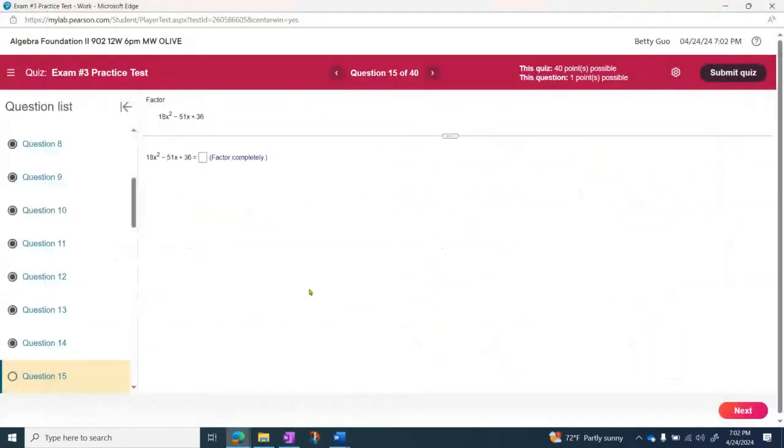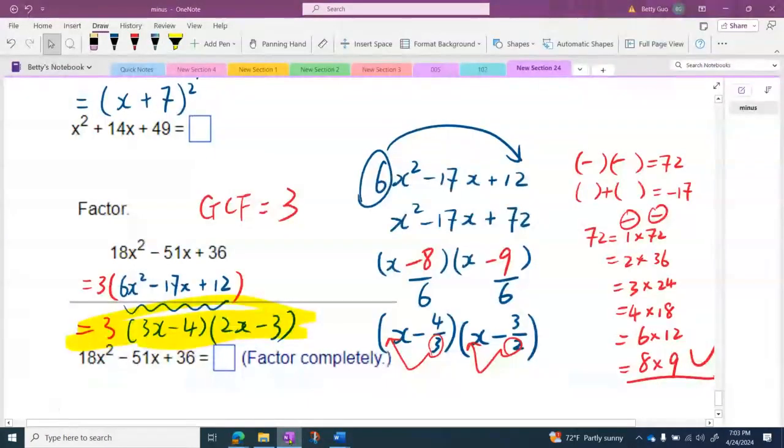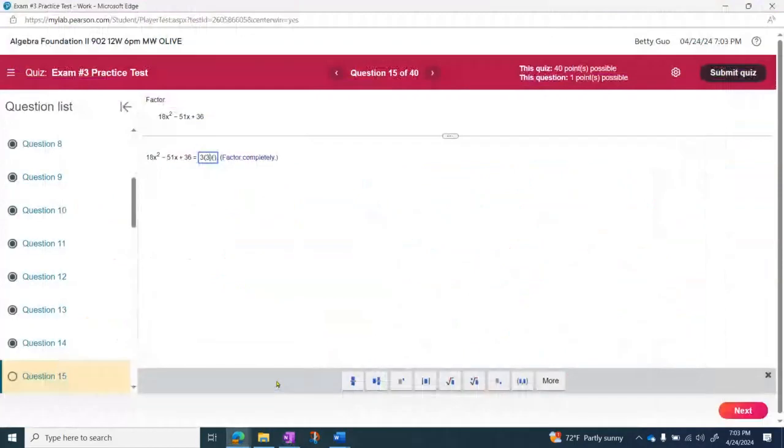So please practice. I would say from the review, those questions are not easy, let me tell you. You really have to be skillful and grasp this question very well. We have 3, 3x minus 4.